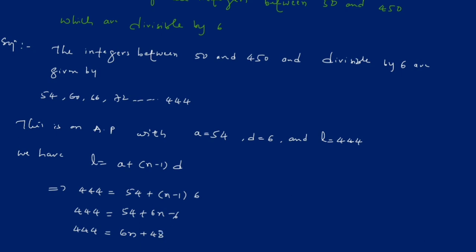Again 48 take to the LHS, it becomes 6n equals 396, right?